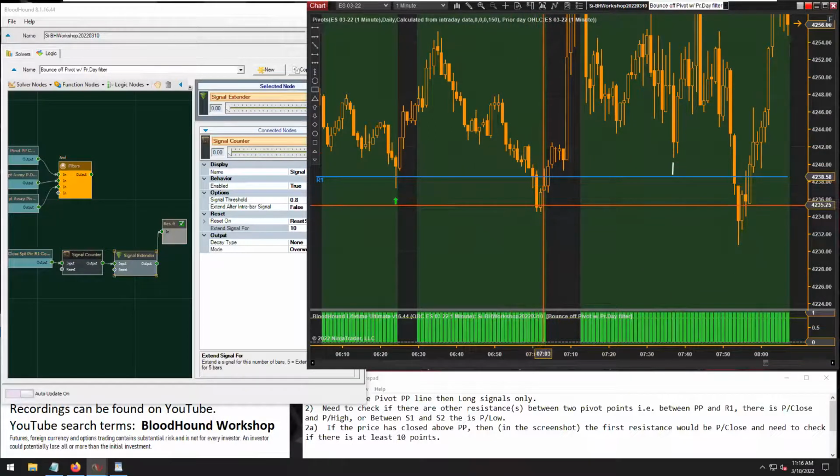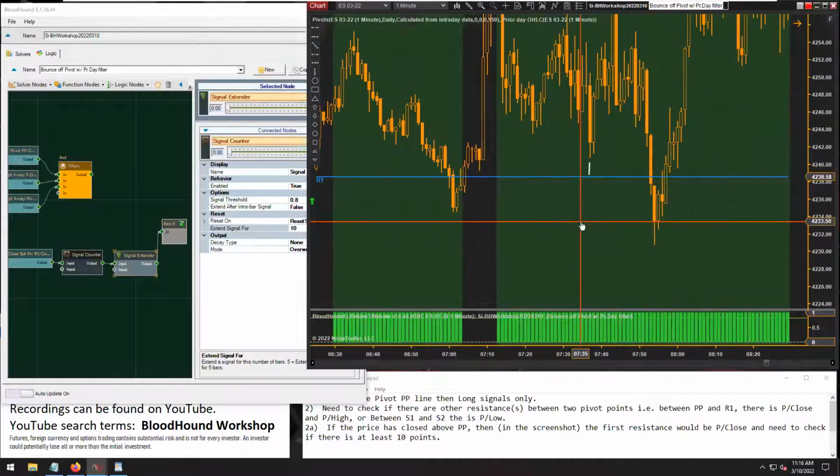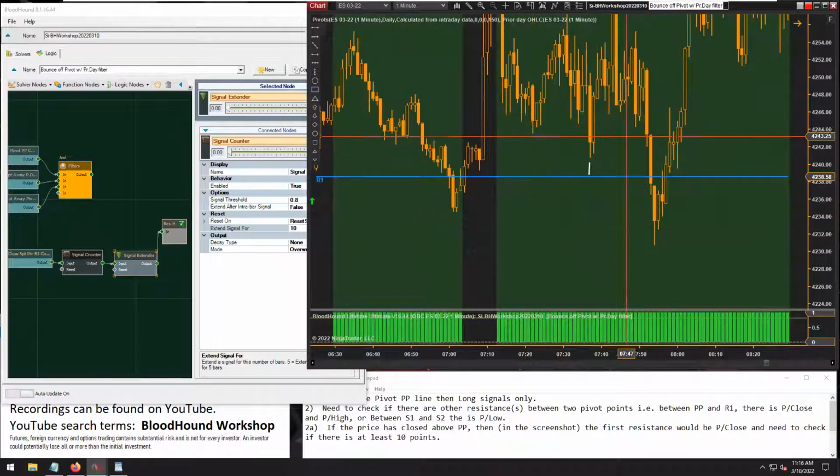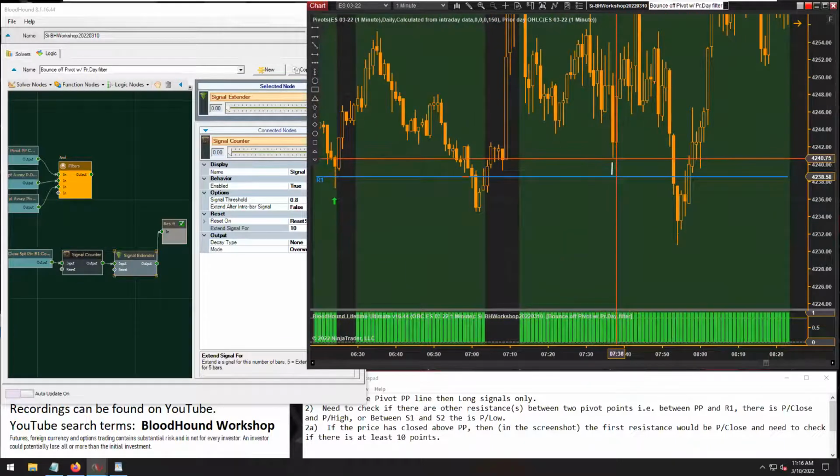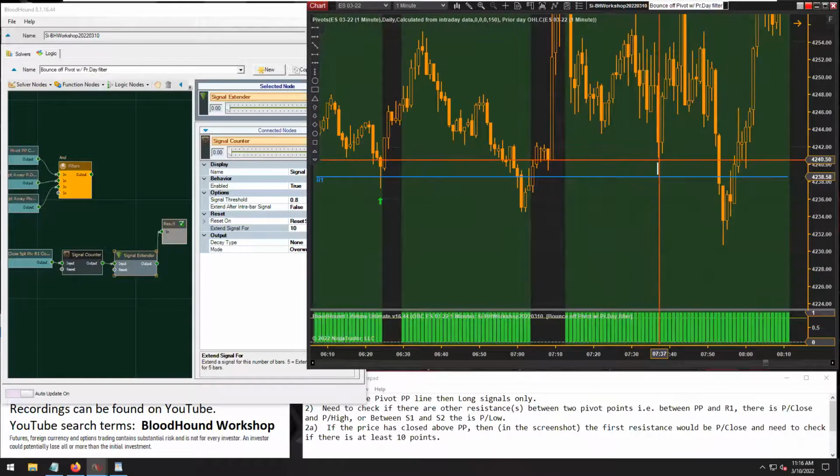Obviously, I wouldn't consider that a bounce. That's pretty sloppy. And again, let's see, what is that distance? Yeah, that's almost 2 points of separation from the bar low to the pivot R1 line. 2 points.